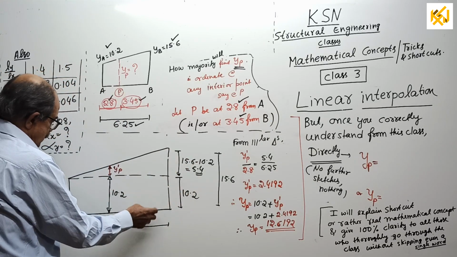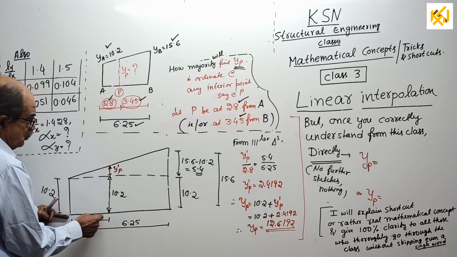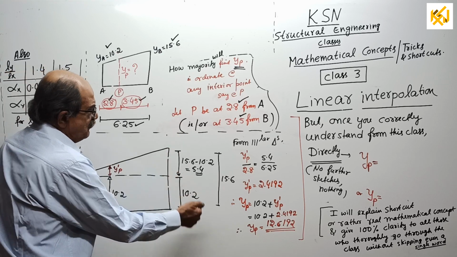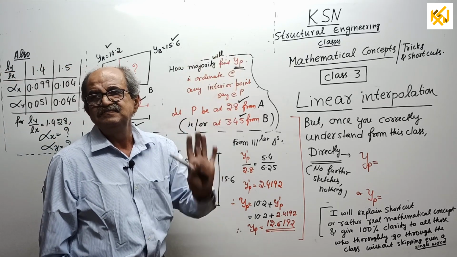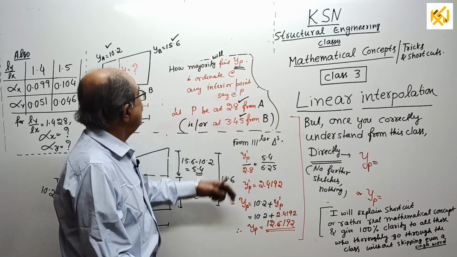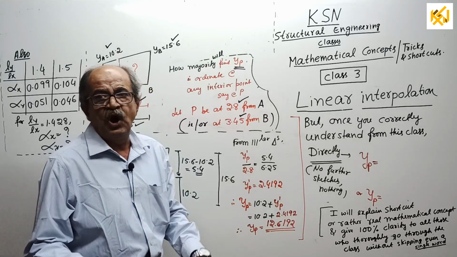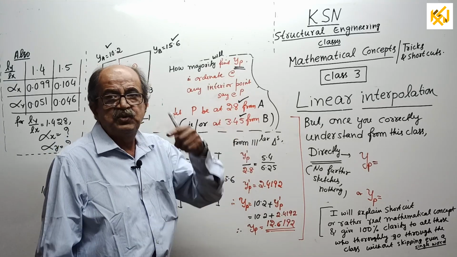Then they will write YP dash divided by 2.8 equal to, in a hurry, 15.6 divided by 6.25. Completely spoiled, then they get some nonsense answer. Anyway, this is what the majority will do. You should not do it this way after today's class.